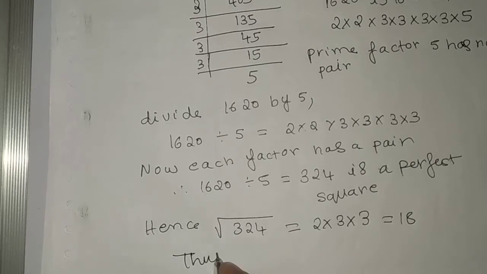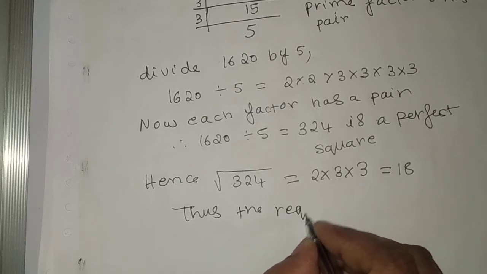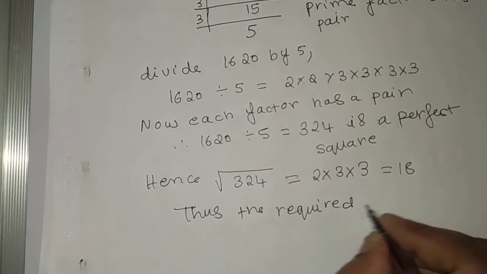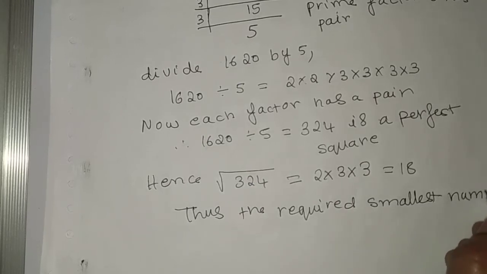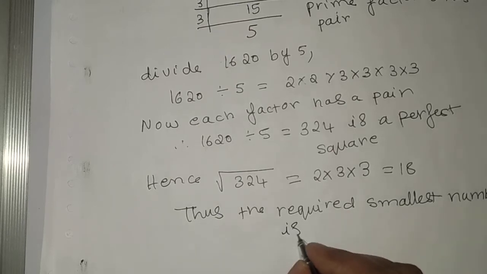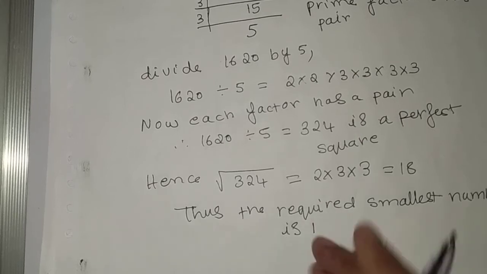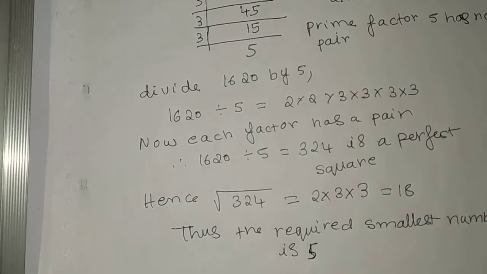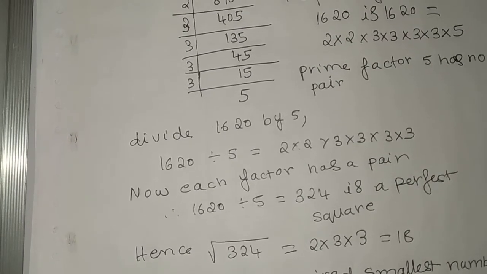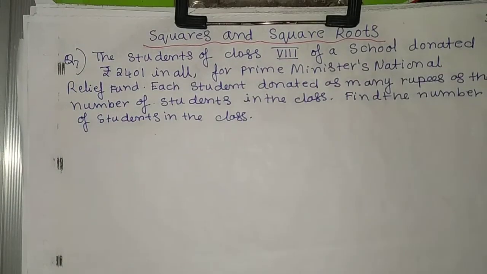Thus the required smallest number is how much? 5. So we move on to the next problem. That is seventh one.